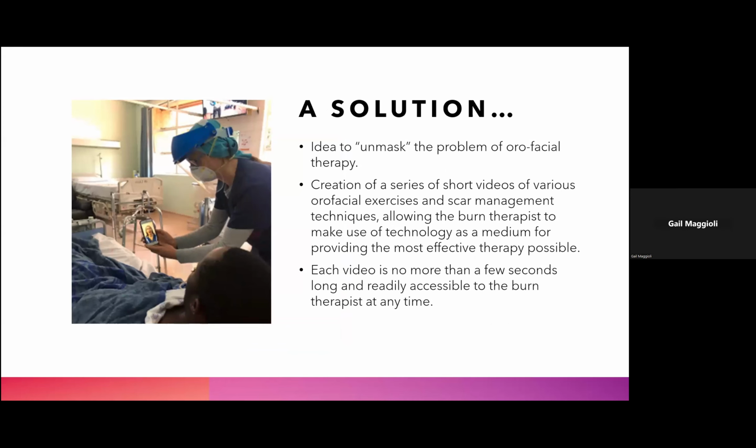And I created a series of short videos of various oro-facial exercises, as well as scar management techniques for the patient, which allowed the burns therapist to make use of technology as a medium of providing the most effective therapy possible. So each video, it was no more than just a few seconds long.